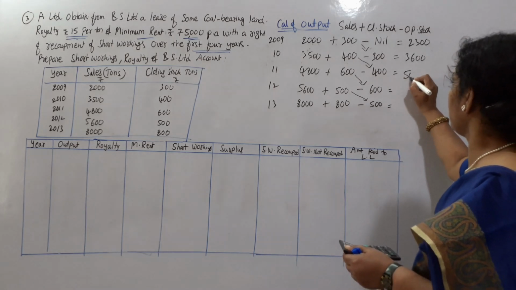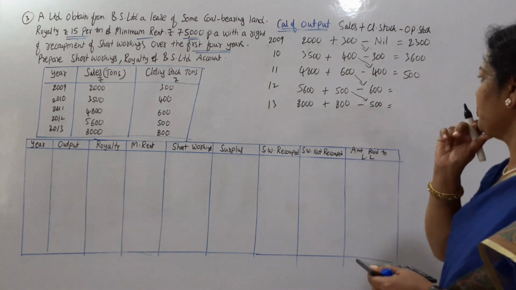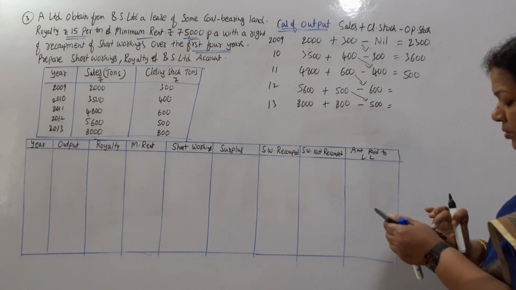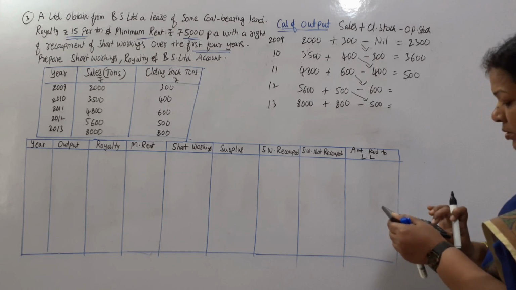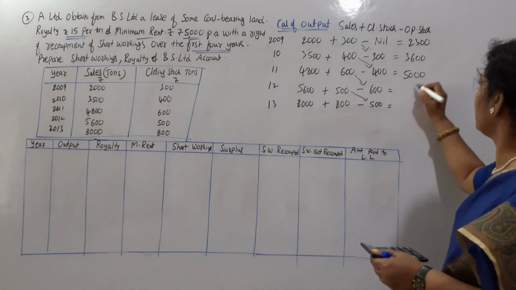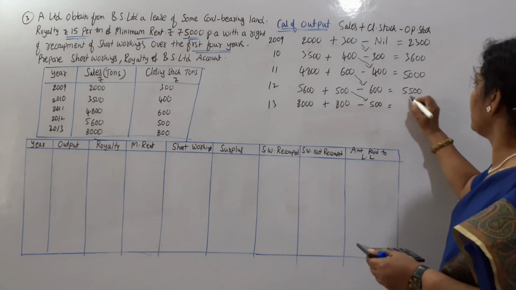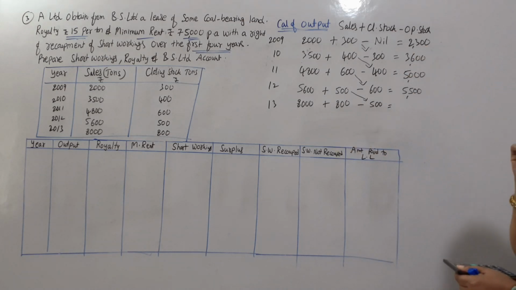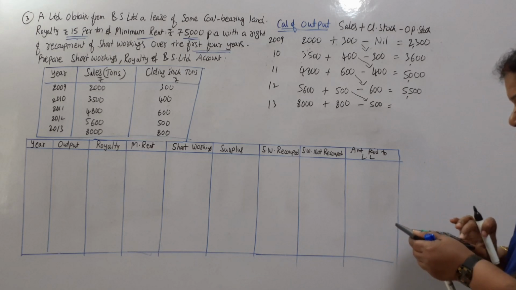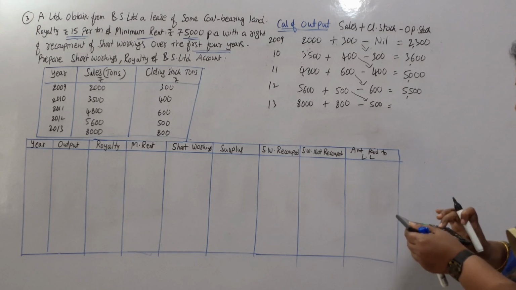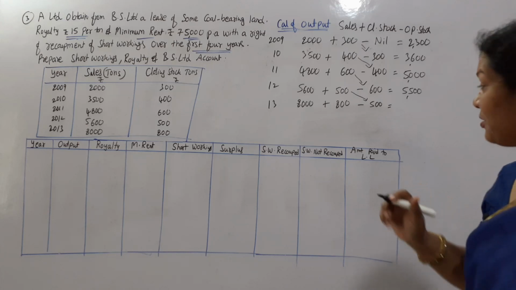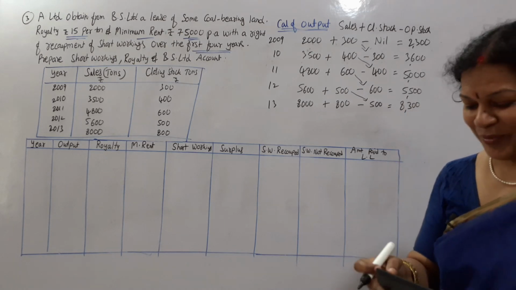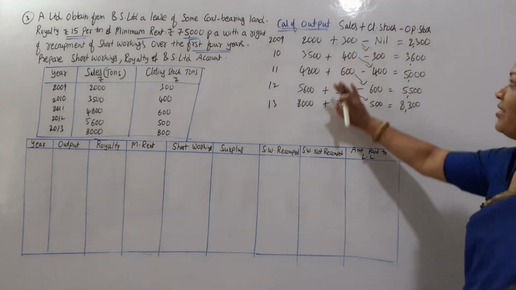Yes, 5,000. And this one is 5,500, I'll check the calculator. Yes, 5,500. And here it is 8,300: 800 minus 500, correct, 8,300. See how I am becoming sharp. Now you got the output.